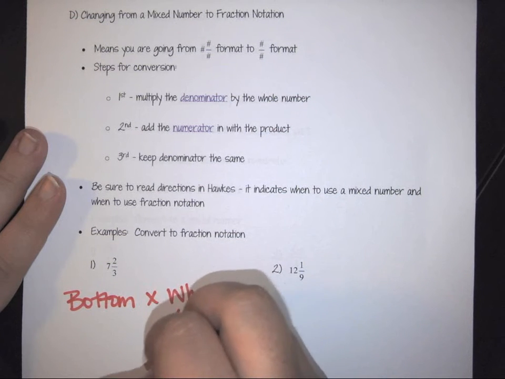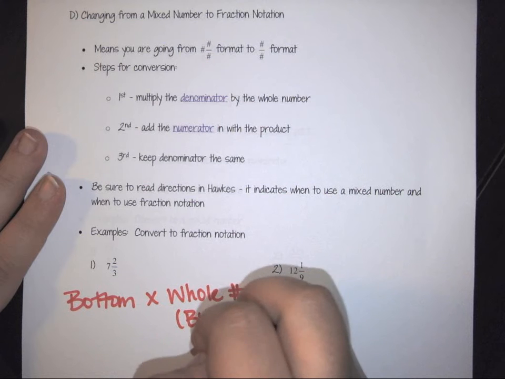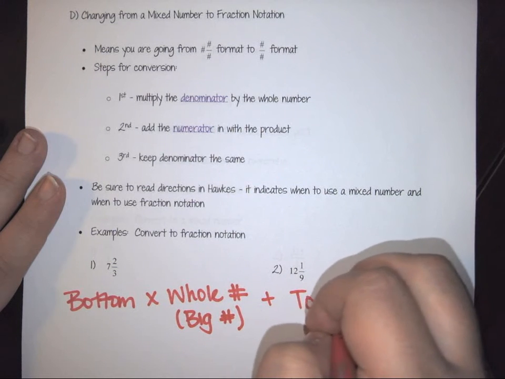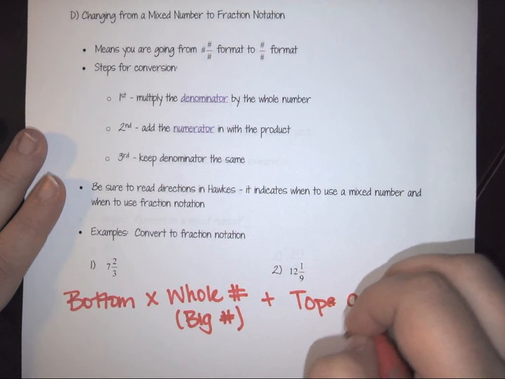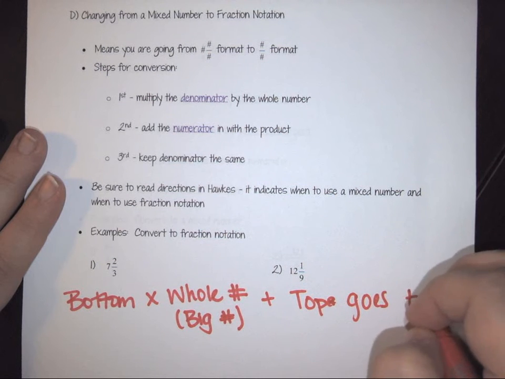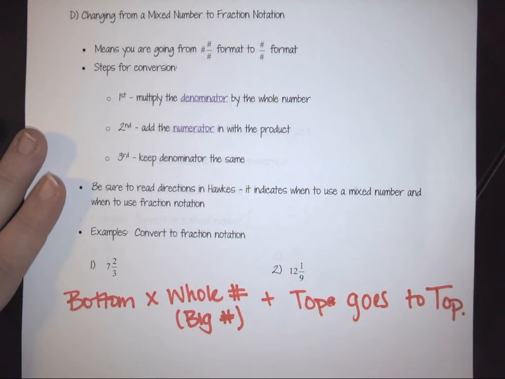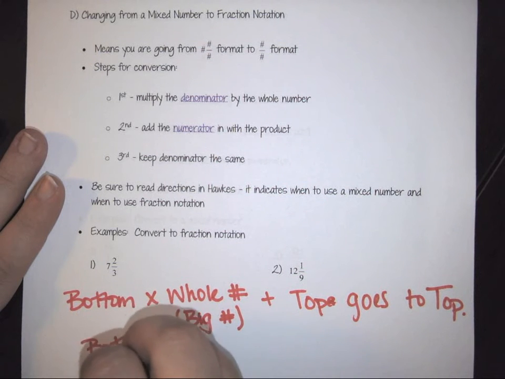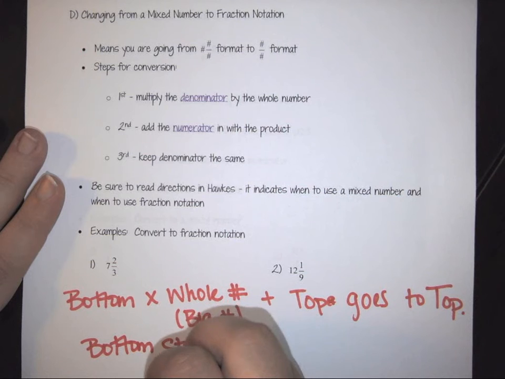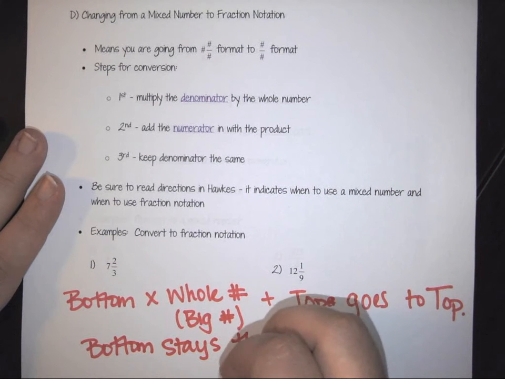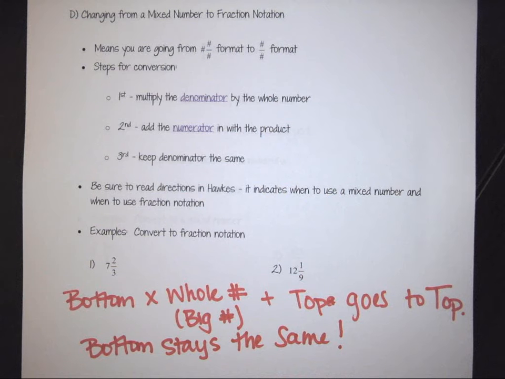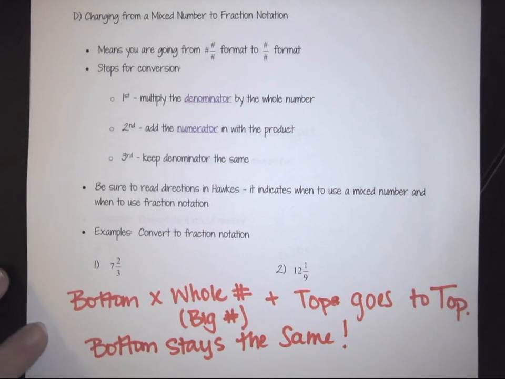We also like to call that the big number, plus top goes to top. Bottom stays the same. So that's essentially what we are doing in a nutshell when we are going from one to the other.